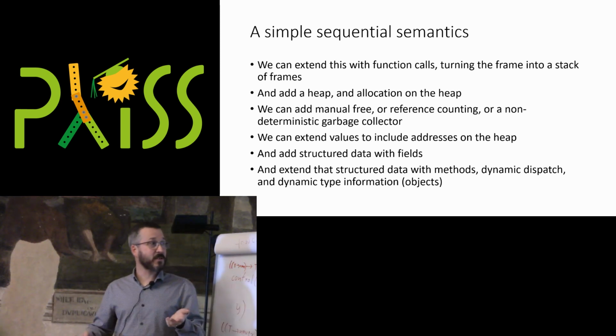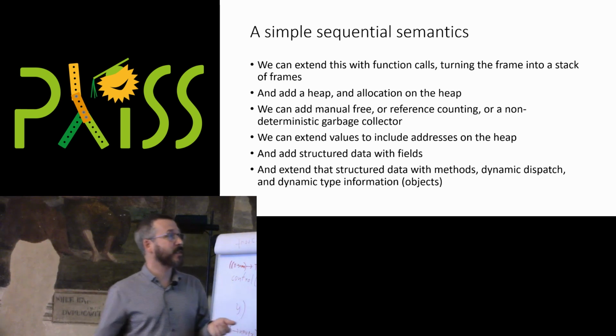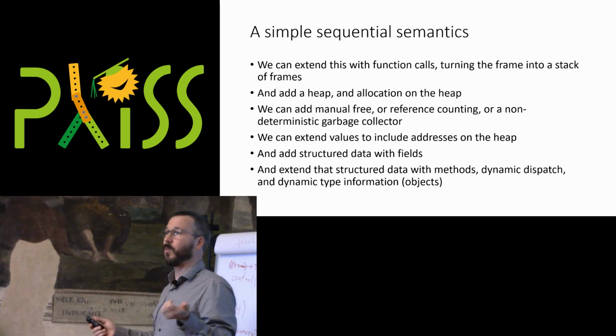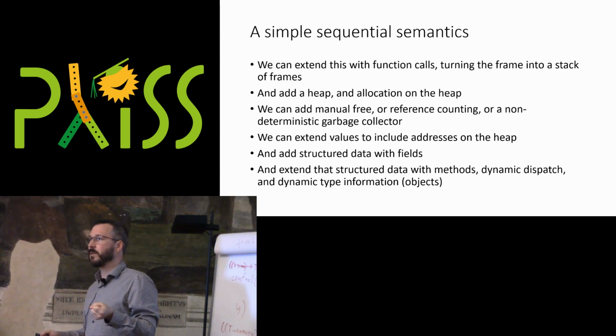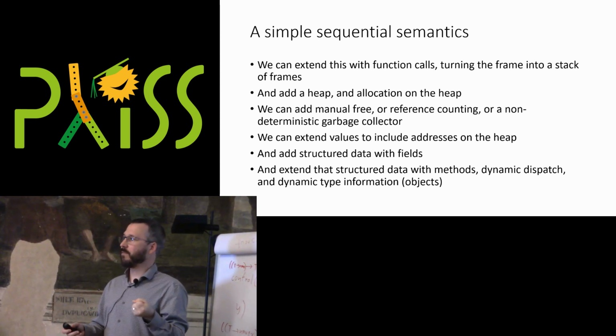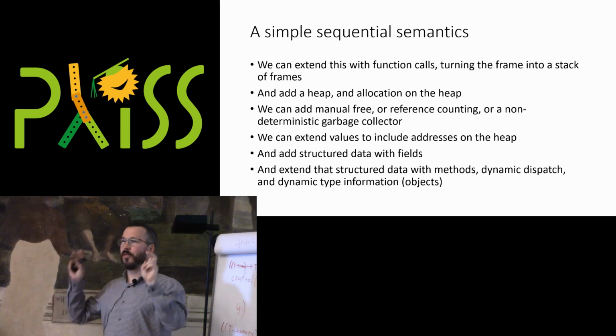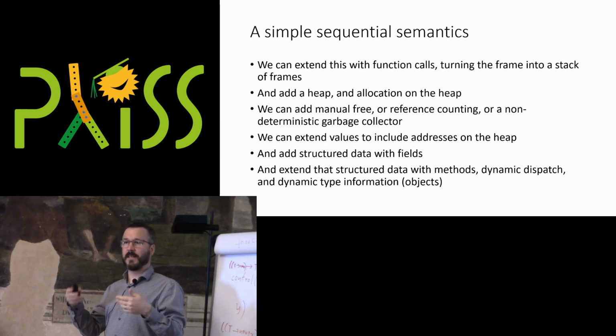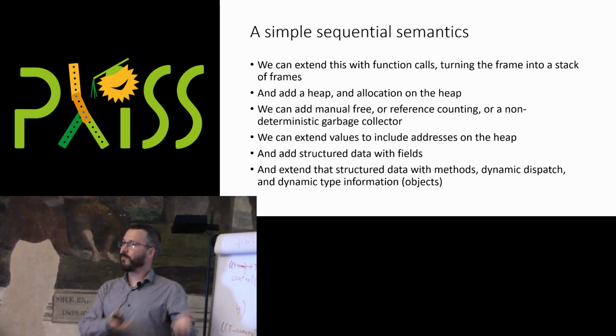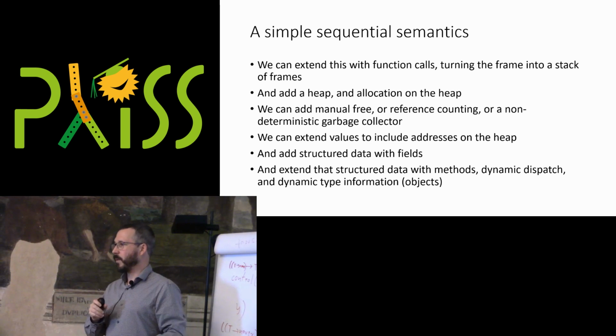We can extend that structured data with methods, dynamic dispatch, dynamic type information. Ta-da, we have, roughly speaking, a single-threaded object-oriented language. And it turns out this is, roughly speaking, the traditional single-threaded object-oriented semantics that people tend to target if they don't imagine that they're inventing a semantics. This roughly is what people target.